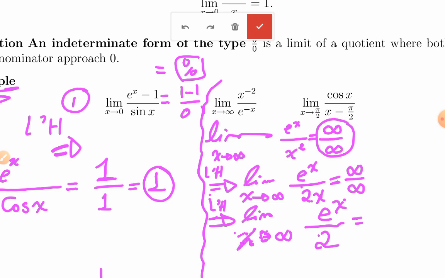Then again substitute infinity for x. We get e to the power of infinity, which is infinity over 2, which is infinity, a very big number. So my answer here is infinity.